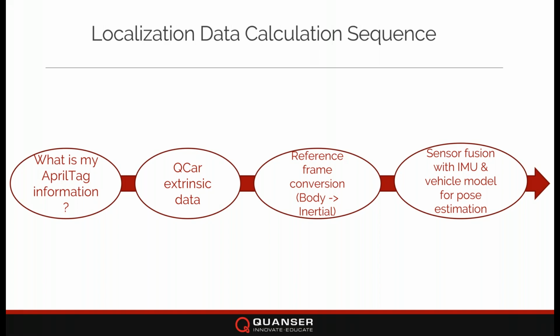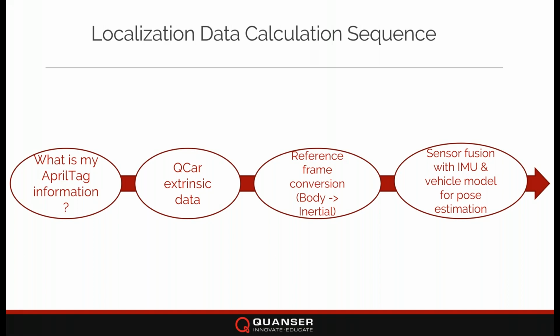I do some reference frame conversions, because an image through a camera may not necessarily be defined the same way as my inertial frame. So I've got to do some conversions to make sure everything is in the same frame and speaking the same language. Then I do some sensor fusion with the IMU to get a better estimate of my displacement and orientation by combining it with the vehicle model.